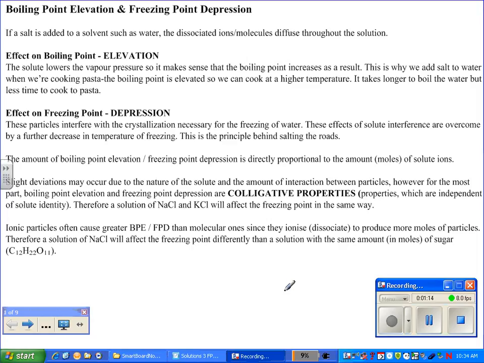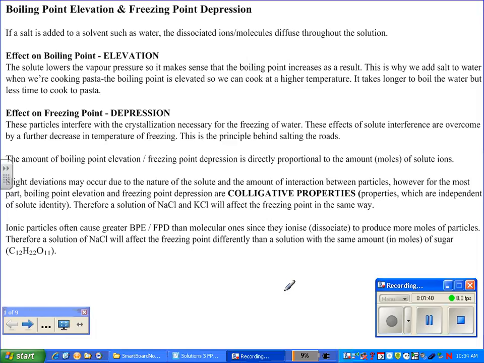There's a common myth that adding the salt makes the water boil faster, but that's an incorrect statement. The truth is that the water will boil at a higher temperature, so it will take longer to boil. However, because we are boiling it to a higher temperature, the pasta will take less time to cook.